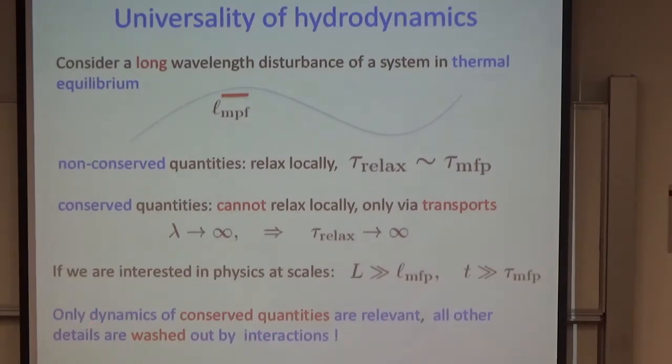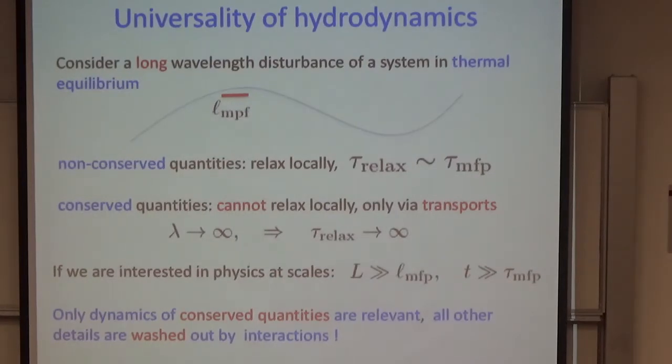Only the dynamics of energy momentum conservation, the charge conservation or particle number conservation are relevant. All other details are washed out by the fast interactions, and they don't play any role at long distance or long time. Those details are not relevant.